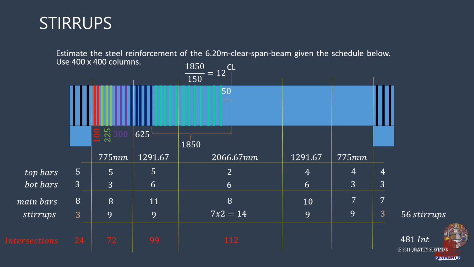And the middle span takes 8 times 14, which is 112. The succeeding span is 10 times 9, which is 90, with 7 times 9, and that is 63. And the right beam column connection has 7 times 3, or 21 intersections. Take the total of intersections, and that is 481.